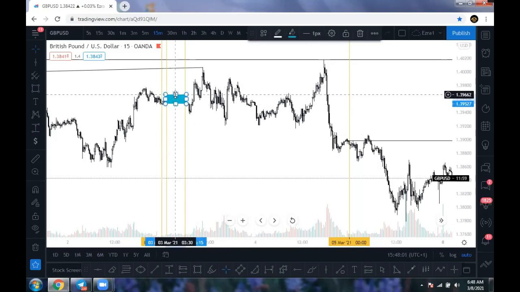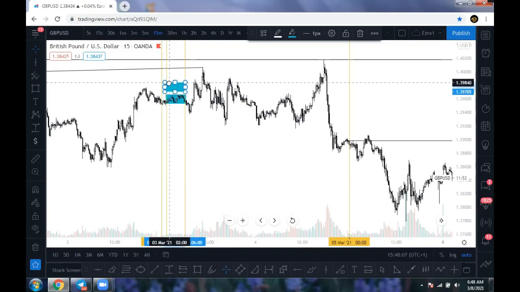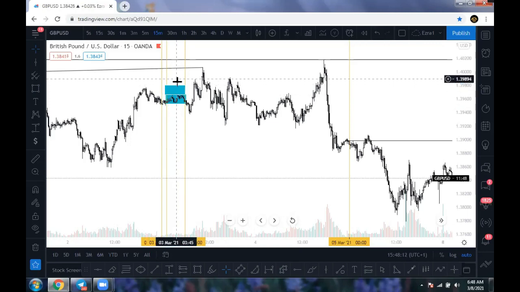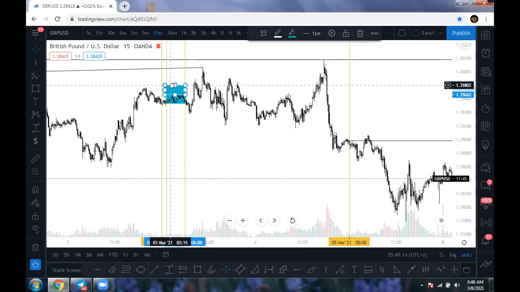So now let's say this is one standard deviation. It's the same size.